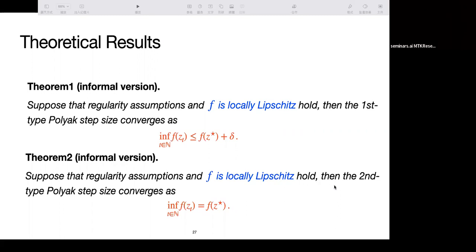And the second type Polyak step size is guaranteed to converge to the optimum asymptotically.